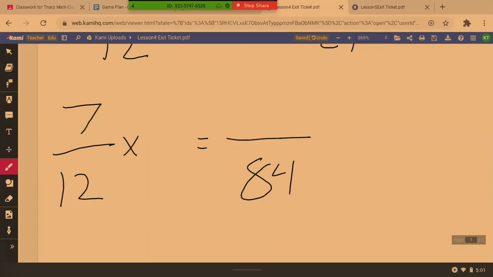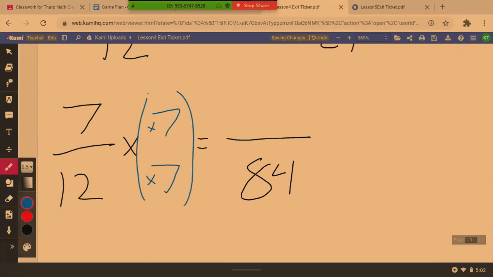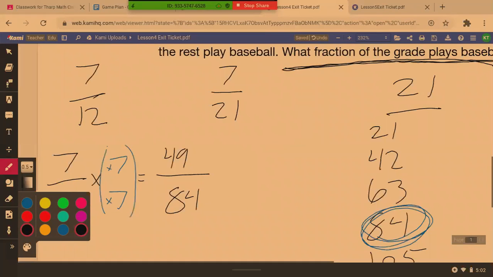Now remember, I want to get to 84. So 12 times what equals 84? Okay, now let's move on to the next fraction. 7 over 21.